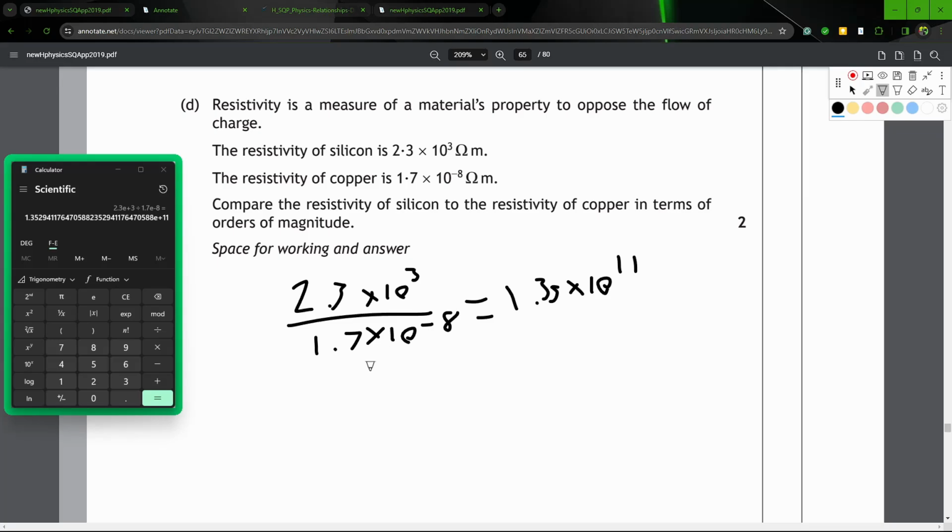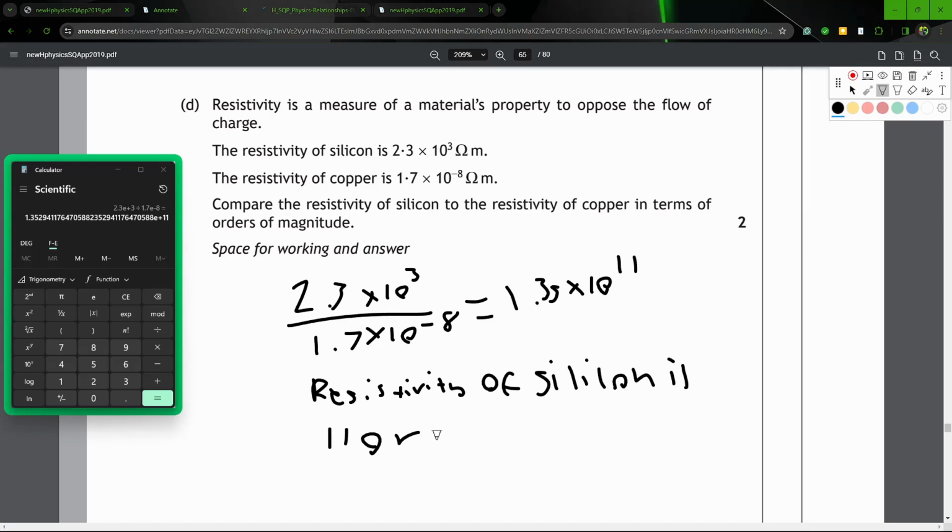So that means that the resistivity of silicon is 11 orders of magnitude greater than copper. Oh dear, that was just reading my handwriting there.